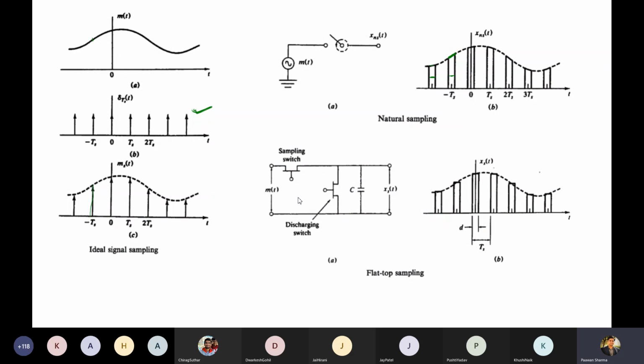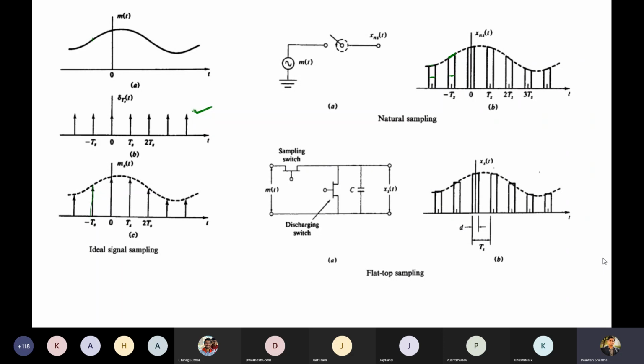But if you look into more detail, you will find there is another, flat top sampling. So there is this circuit. If you use this circuit where you have a sampling switch, there is a discharging switch, you are using some electronic component for that. You have a capacitor which will hold the charge against the output.